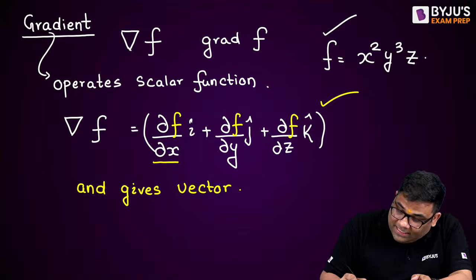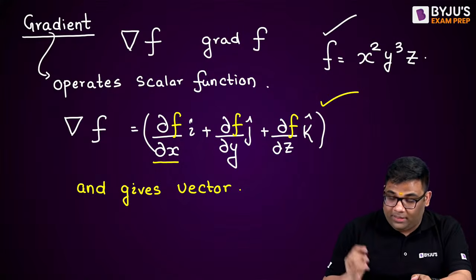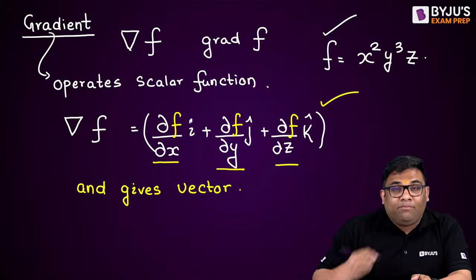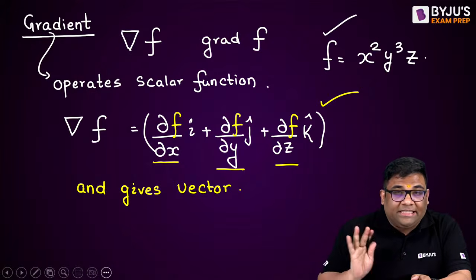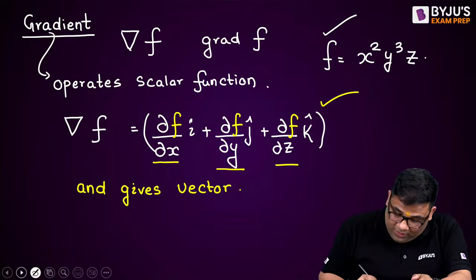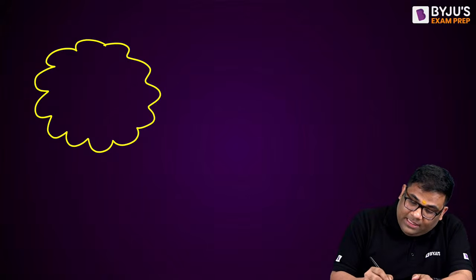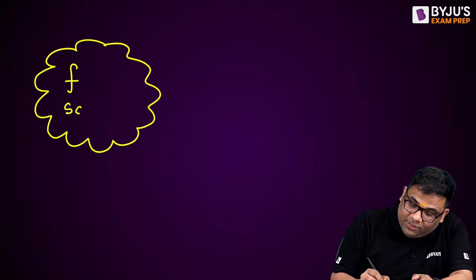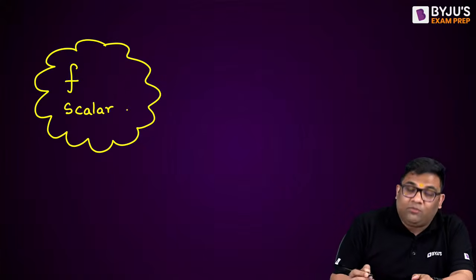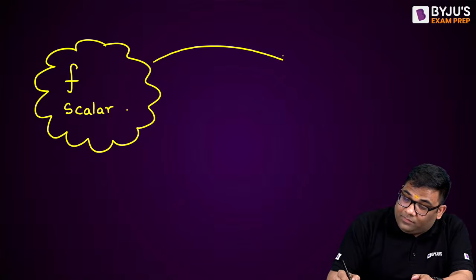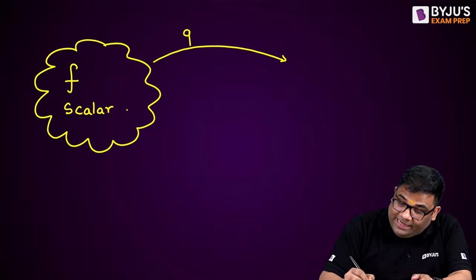And these are the partial derivative of f with respect to x, the partial derivative of f with respect to y, and the partial derivative of f with respect to z. So what did we just do? There was an f function, and this f function was a scalar function.